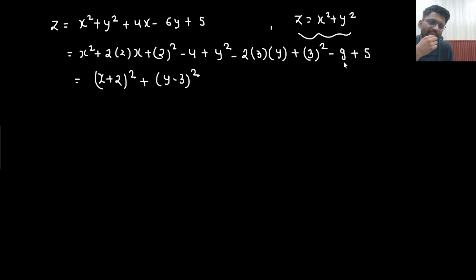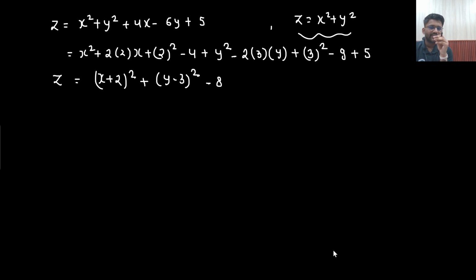This is minus 4, this is minus 9. So this will become minus 13. Z is x plus 2 whole square plus y minus 3 whole square minus 13. This is your z, right?